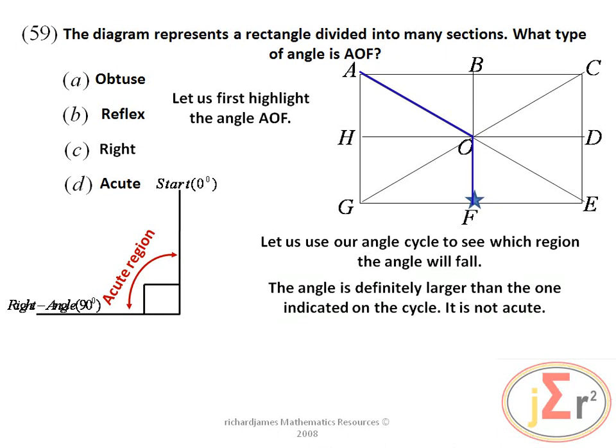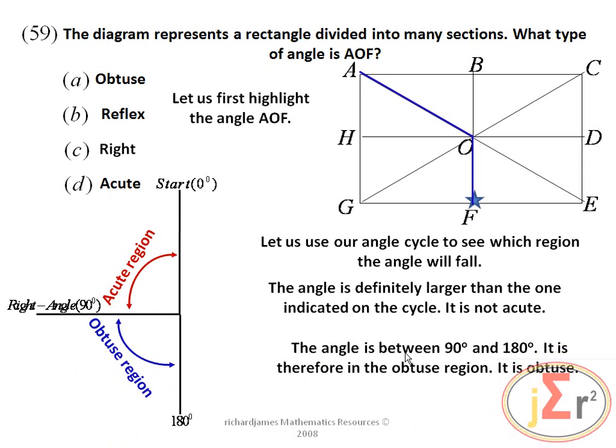The angle is definitely larger than the one indicated on the angle cycle. It is not acute. Notice that this angle is larger than this one. So this one is in the acute region. So this angle is not acute because it is larger than the angles in the acute region. The obtuse region.